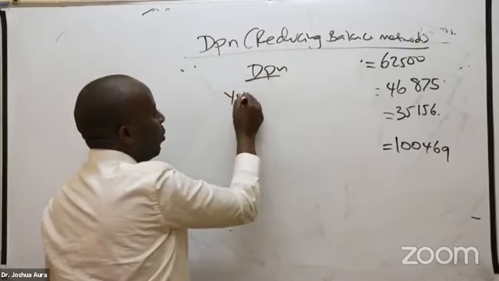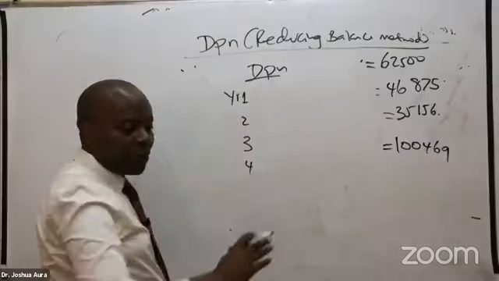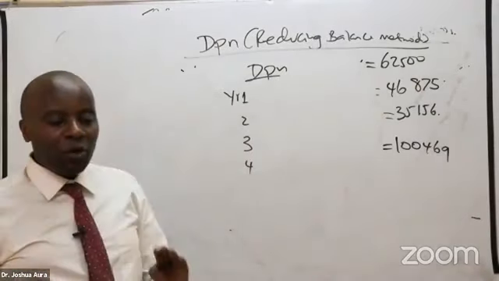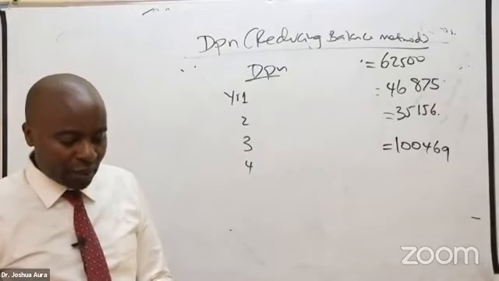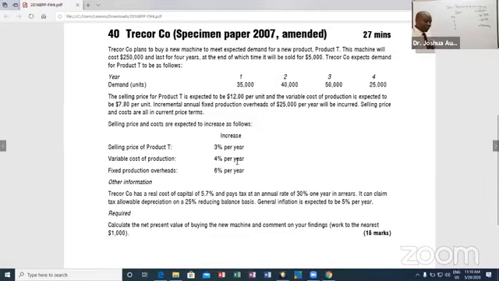We have year 1, year 2, year 3, year 4. So nearest 1,000. Please look at the requirement. If you go back to the question, required, they want us to calculate the net present value of buying the new machine and comment on your findings, working to the nearest $1,000.